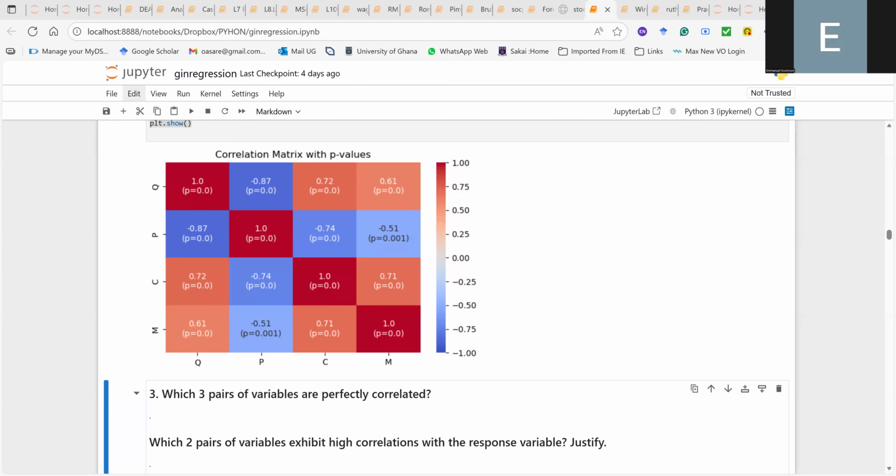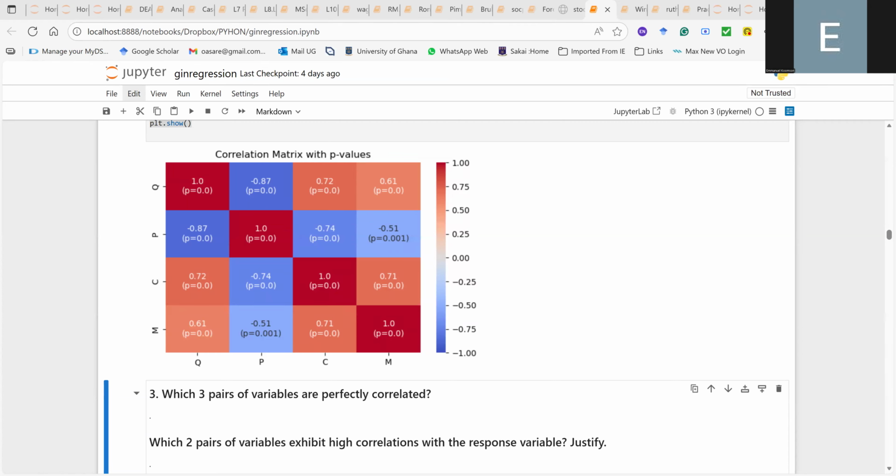In this case, does it mean that the ones that have significant correlations are the ones with p-values of 0.001?